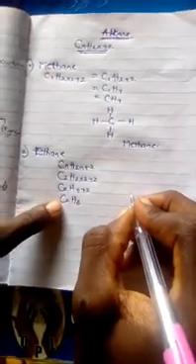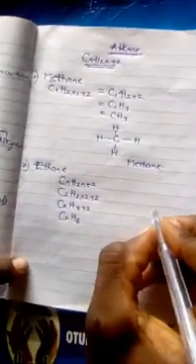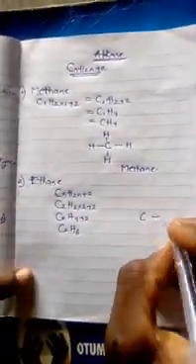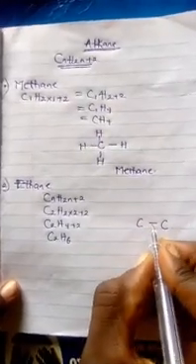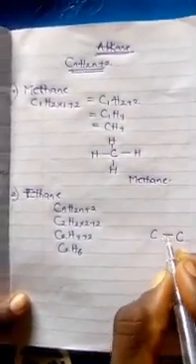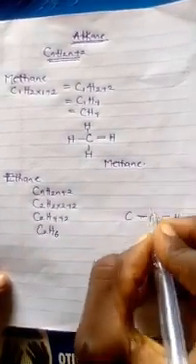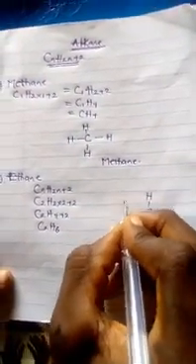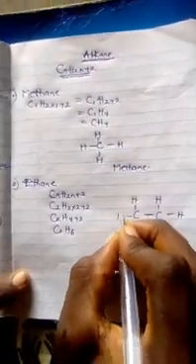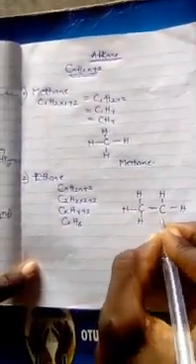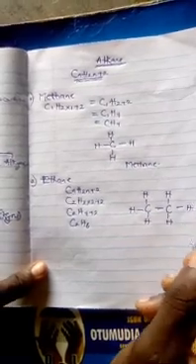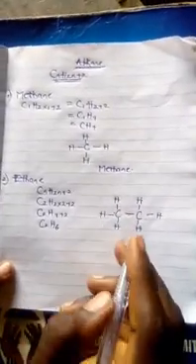How many carbon atoms are there? We only have 2 carbon atoms, with only a single bond between the carbon atoms. How many hydrogens? 6. 1, 2, 3, 4, 5, 6. Are you getting it now?